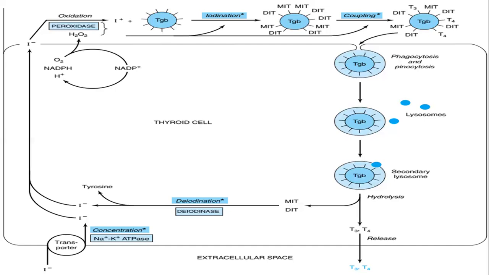So a lysosome will be mobilized, and it will come and fuse with the body containing the thyroglobulin, which contains all these hormones and the diiodotyrosine and monoiodotyrosine. Once the lysosome coalesces with this body to form a secondary lysosome, hydrolysis will take place.